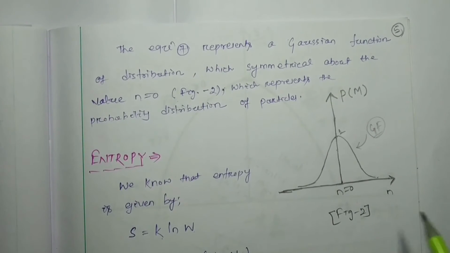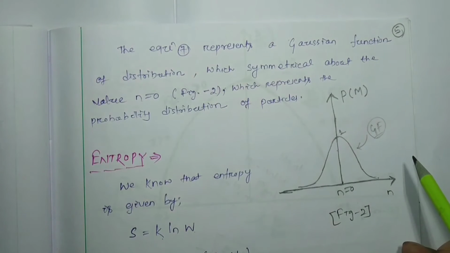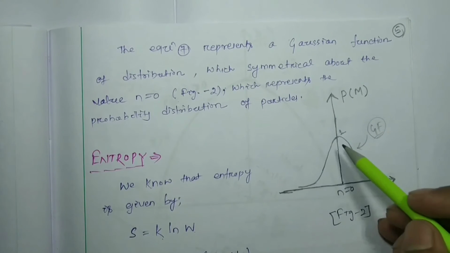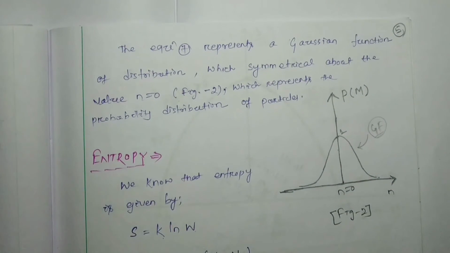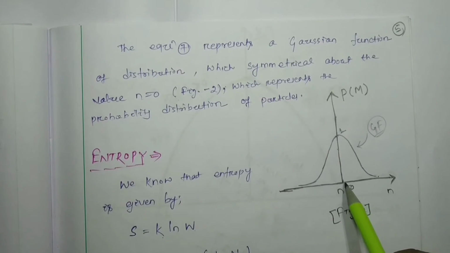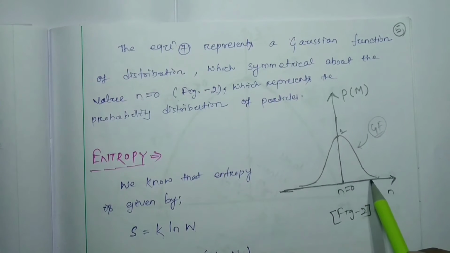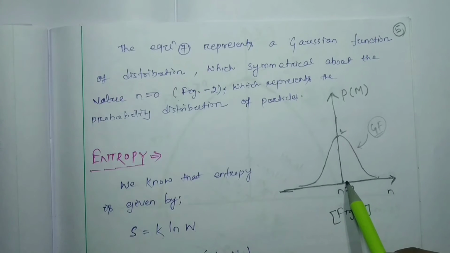And for other macrostates, it is going to be reduced. Here this side represents that the upper energy level contains a larger number of particles than the lower level.